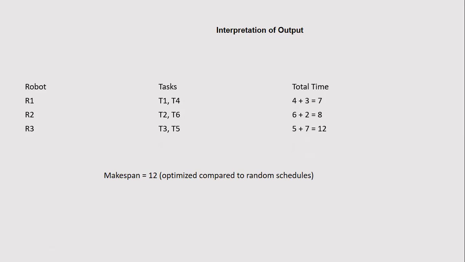For the third one, T3 and T5 are the tasks assigned, so 12 is the total job time. These are the individual station times: 7, 8, and 12. Out of which we have to find the maximum makespan time. So 12 is the best solution that has been obtained here.